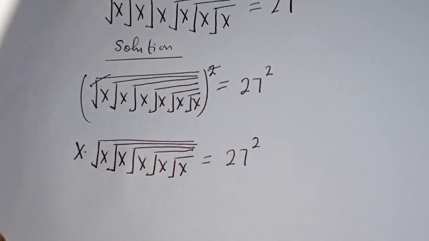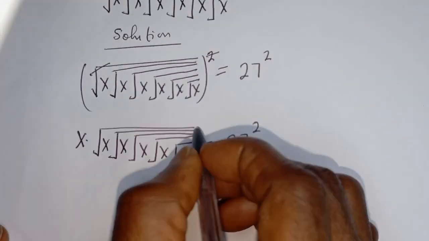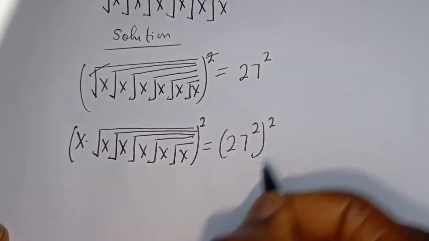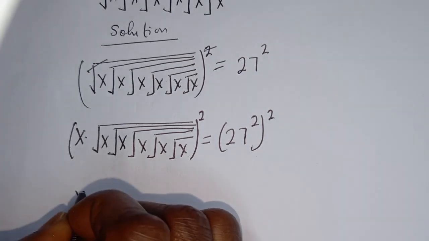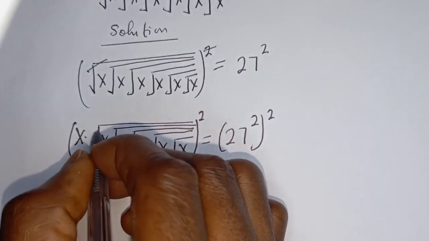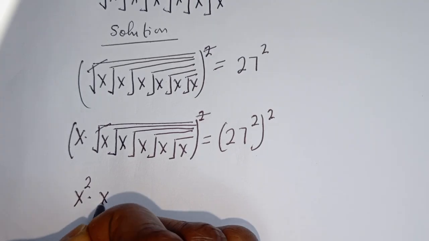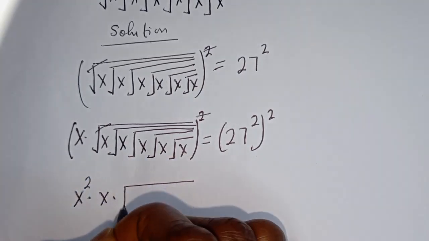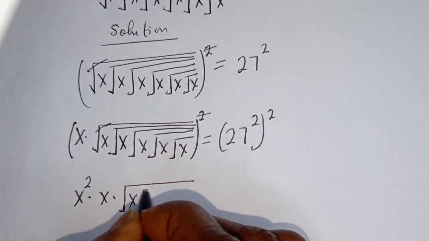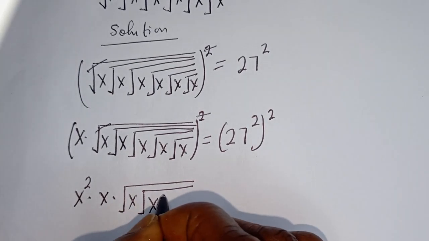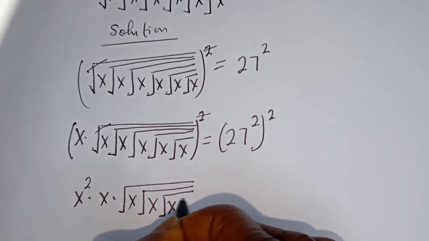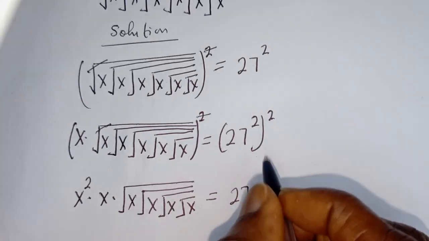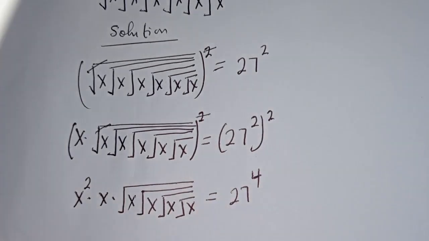27 squared. Now let's square both sides of this equation again. If you square this and square this, then you square this. Here we have s squared multiplied by, this will cancel this, s multiplied by square root of s, square root of s, square root of s, square root of s is equal to 27 to the power of 2 times 2, that is 4.